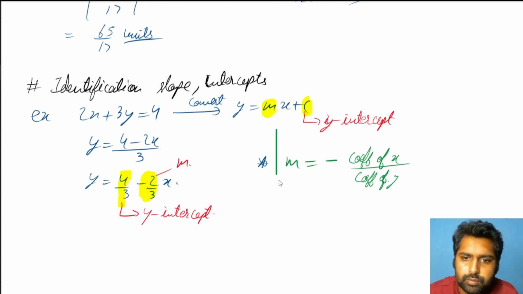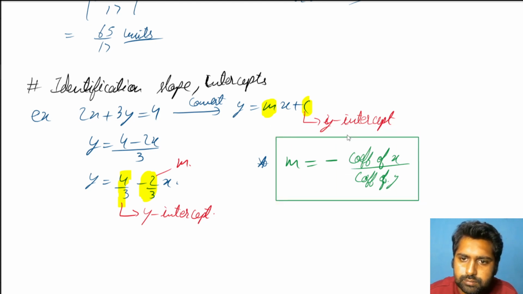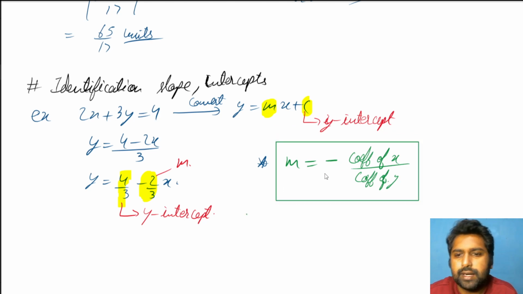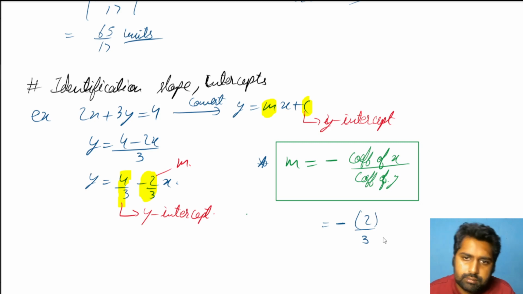This will help you to directly calculate. If we look at the coefficient of x, that was 2 and the coefficient of y was 3, so m is negative 2 by 3. As simple as that. I've given you the basic way and a shortcut also. Your call, whatever you want to use. This is also not very lengthy, it's just that this is way faster.